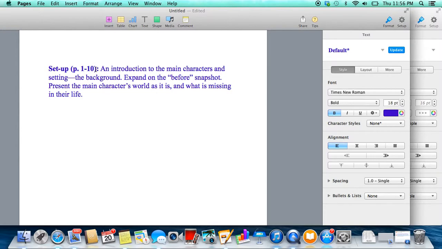So this would be like the first couple of chapters, where we're introducing the main characters and expanding on the before snapshot before the big thing happens, presenting the character's world as it is and what's missing.